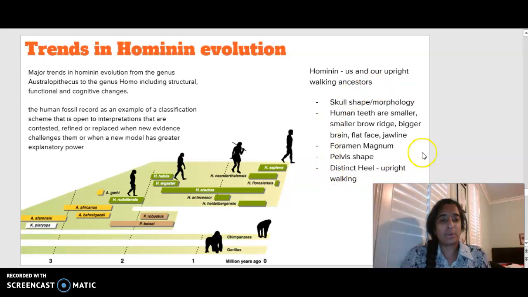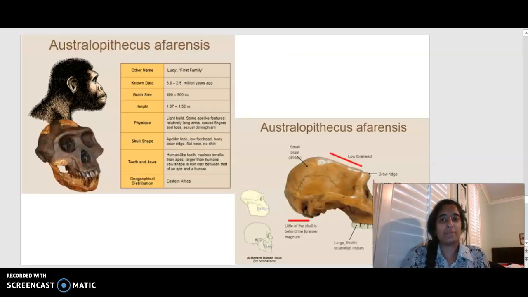But the features that we're focusing on are skull shape and morphology, looking at human teeth, brow ridges, the brain size, how the face has become flatter, jaw lines, foramen magnum, pelvis shape, and our distinct heel for upright walking.